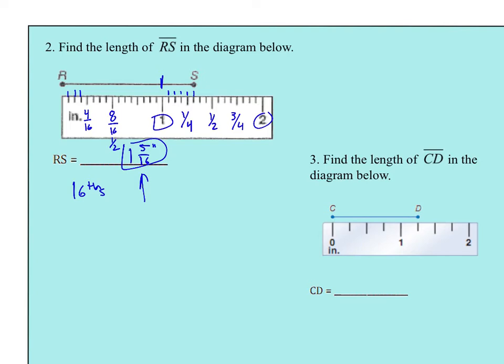They have a 5/16 wrench or a 5/16 ratchet set. Now down here, number 3, this is just broken up into fourths. So this would be 1 inch, then 1/4, 1/2, 3/4, so this is going to be 1 1/4 inches. That's all I would need to write there.